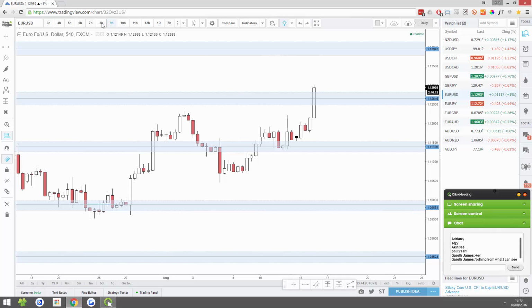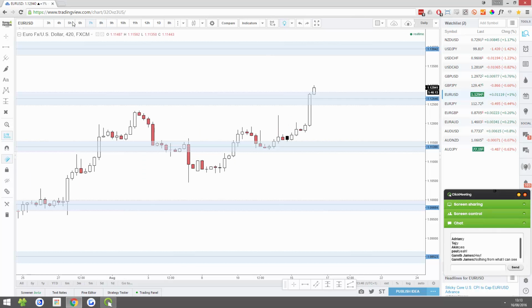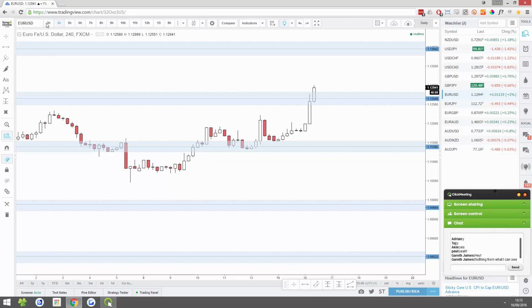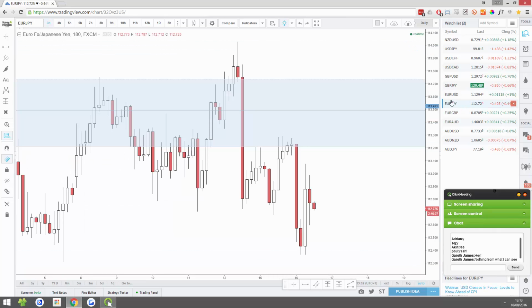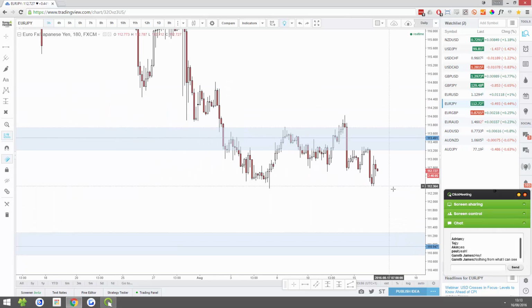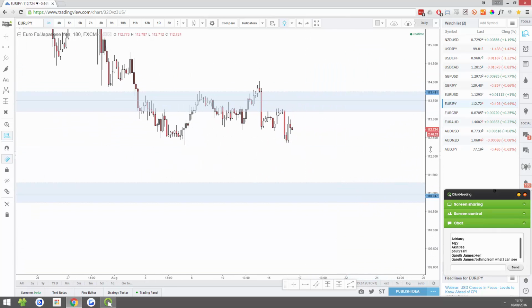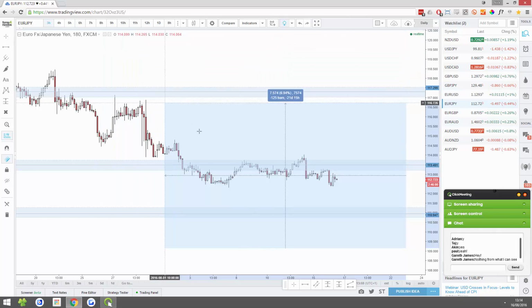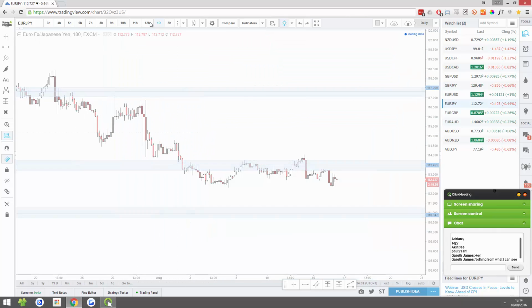Looks like nothing is going to stop the euro on its way up. And nothing much forming on Euro USD. Damn it, why does it do that?